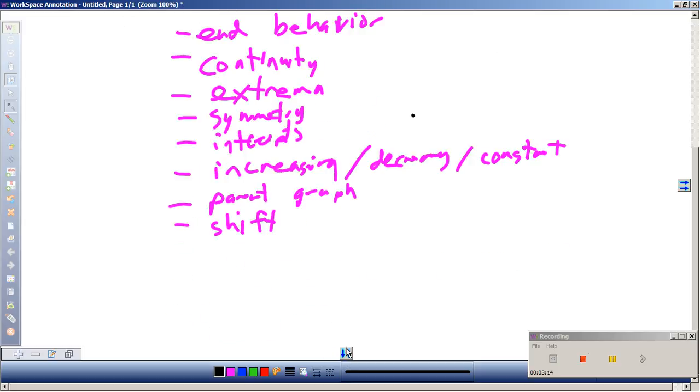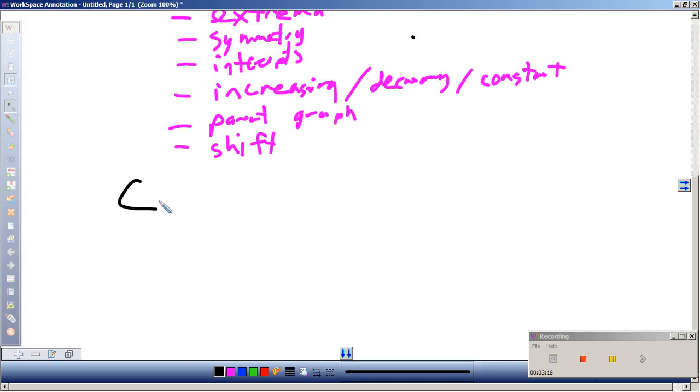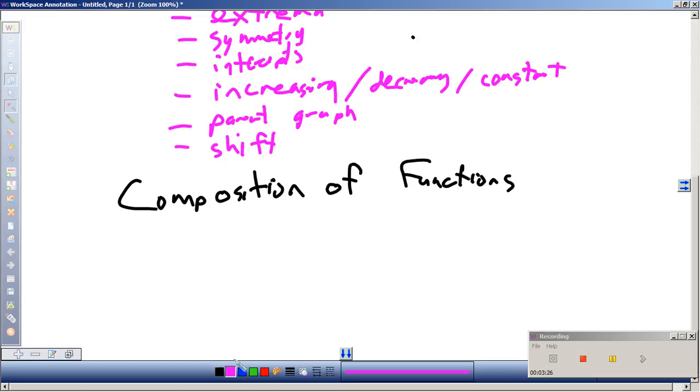So the next thing on my list, composition of functions. This means something like f plus g, or f minus g, or f divided by g, or f times g, or f of g of x. So I put them all in there. That's bad notation, but you get the idea of what I'm asking about, right?